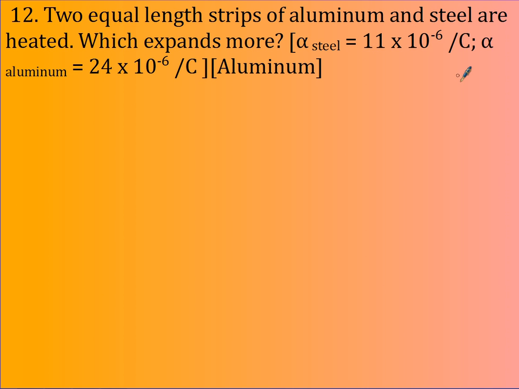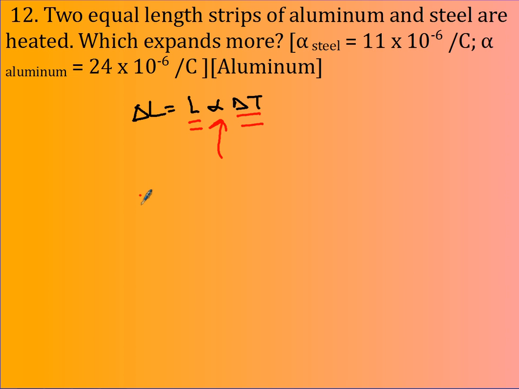Now, two equal lengths of strips of aluminum and steel are heated. Which expands more? All right. Delta L is initial length alpha delta T. They have the same initial length, and you assume they're heated at the same temperature. So which one's going to expand more? Well, clearly the one with the larger alpha.